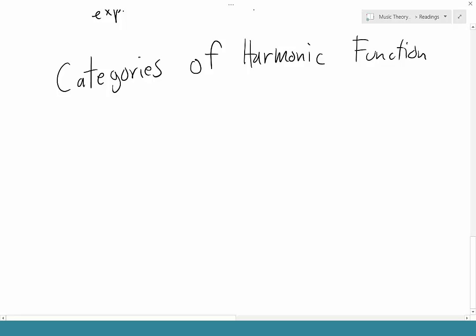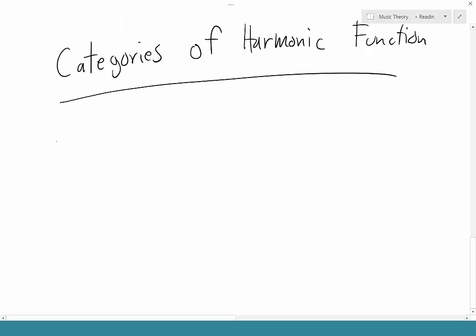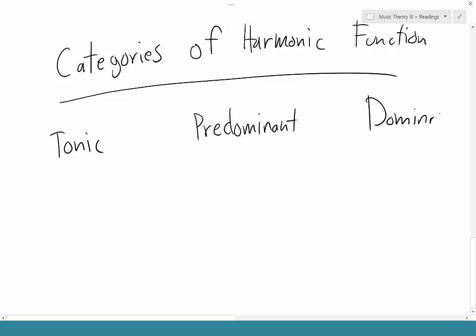They're terms that you're familiar with, but we're broadening them a little bit. So categories of harmonic function: we have the tonic category, and then we have the predominant category and the dominant category.